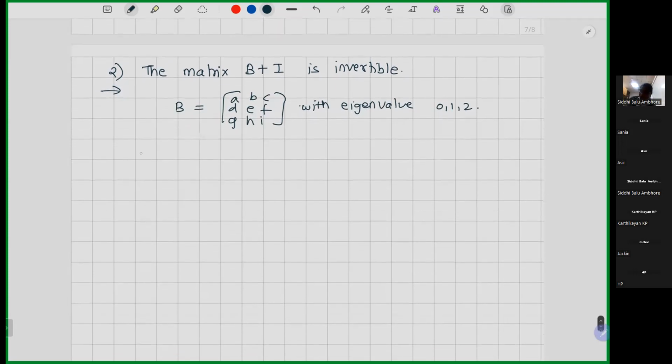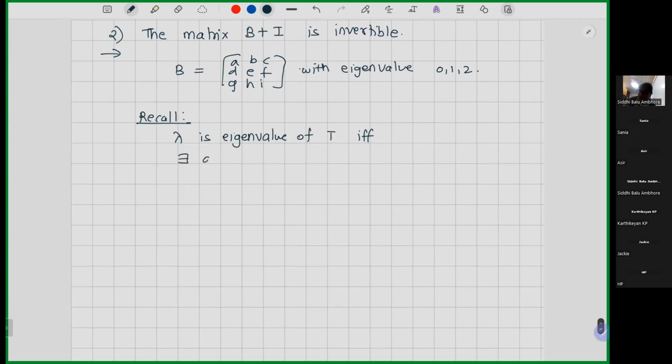Okay, so first recall from the lectures that lambda is an eigenvalue of T if and only if there exists a non-zero V in the null space of T minus lambda I, if and only if T minus lambda I is not injective.